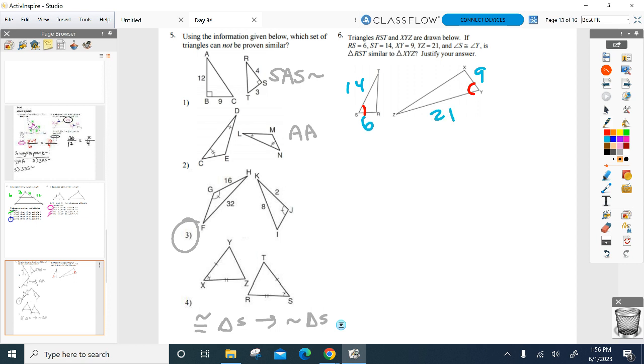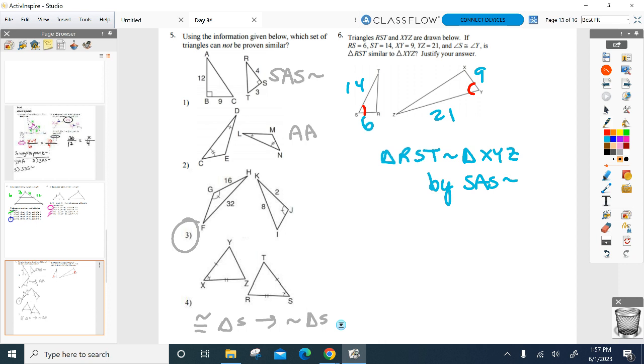Similar? Yeah, these are similar. It had the angles congruent, and the sides around them were in the same ratio. So by side angle side similarity. All good, similar triangles.